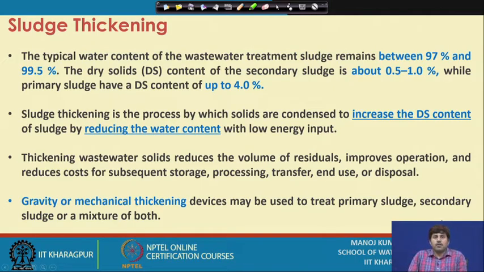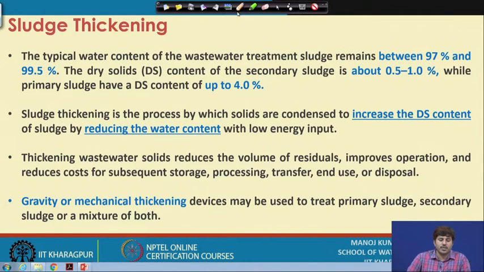So, thickening is traditionally the first step of the treatment for the sludge. The typical water content of wastewater treatment sludge remains between 97% to 99.5%. A large volume, or large mass, of the total sludge is actually in the form of water.